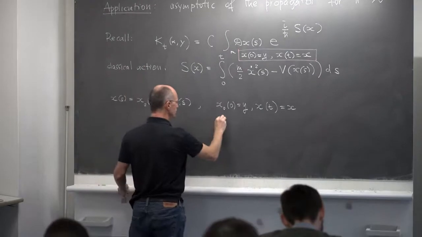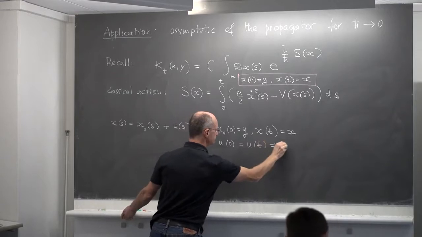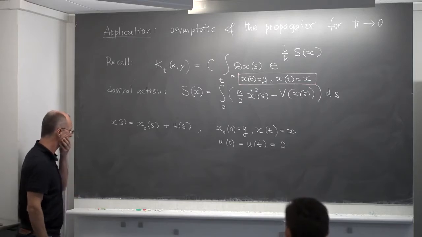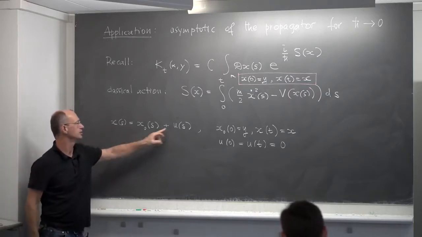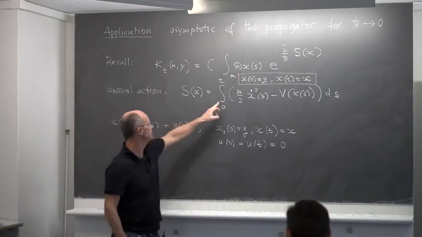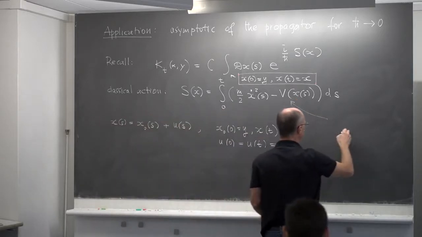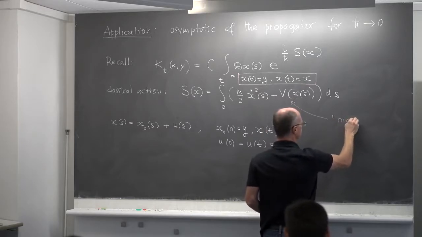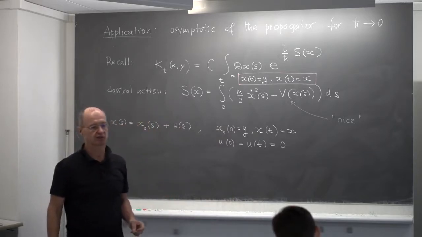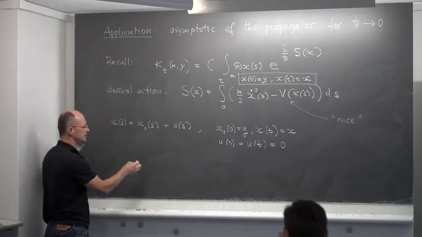And then u vanishes at the endpoints of the segment 0 t. Now let's just make a substitution of this sum into the expression for the action, and let's assume that the potential V is nice, for instance, real analytic, and we can use the Taylor expansion for that potential. Let's assume that the Taylor series simply converges. It doesn't matter so much.